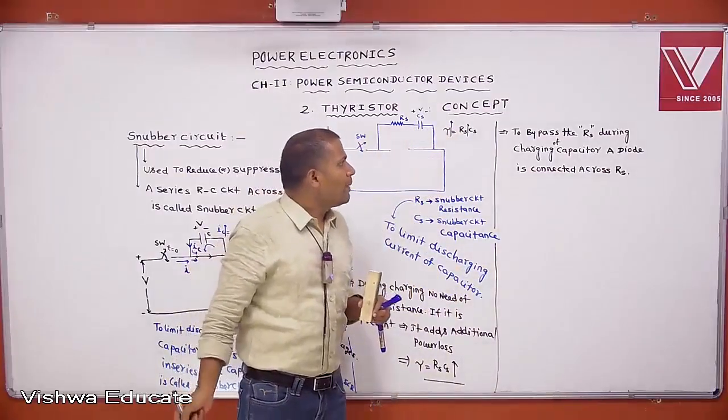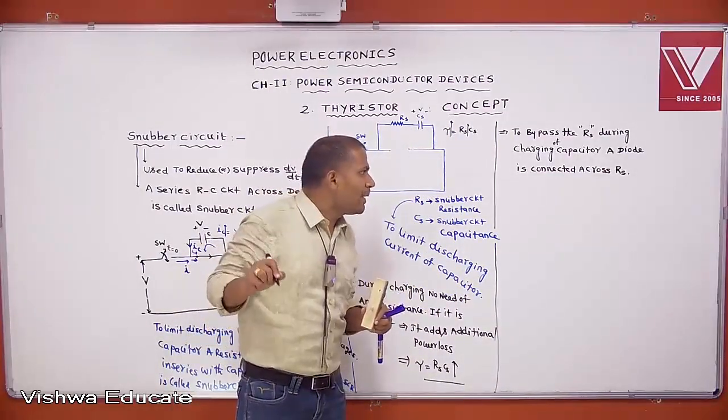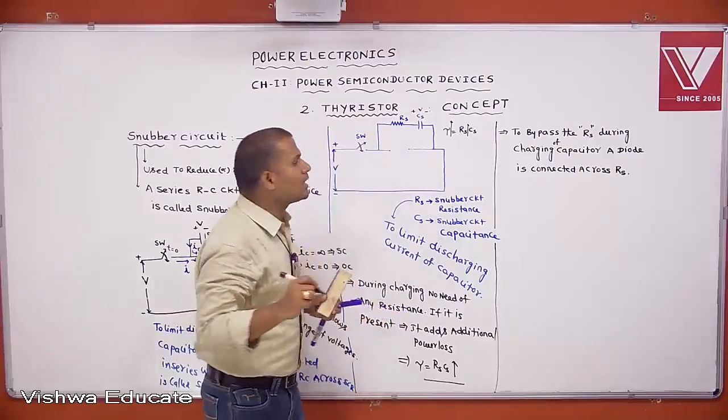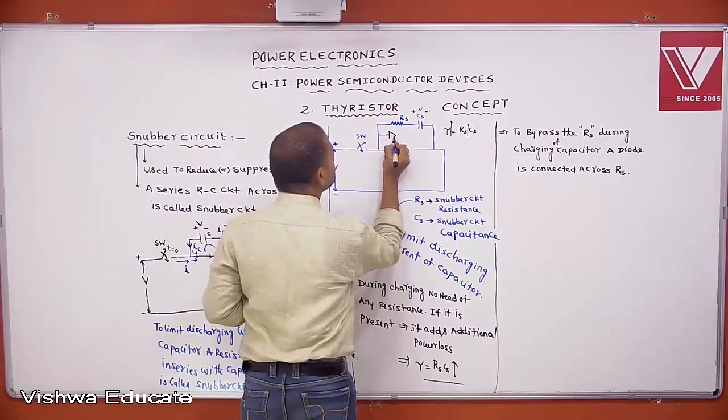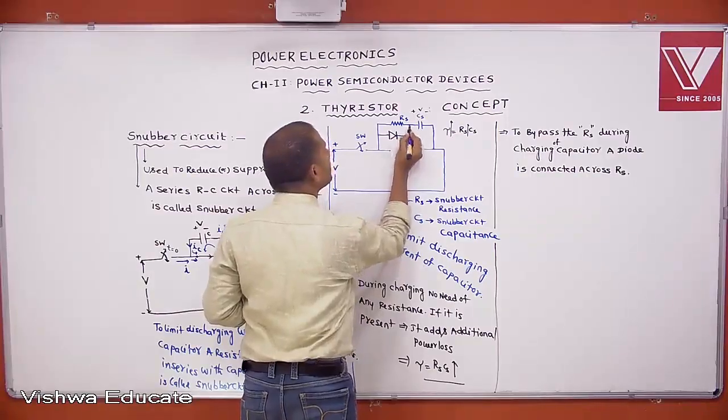That is, to bypass the RS during charging of capacitor, a diode is connected across RS. This is a modified Snubber circuit.